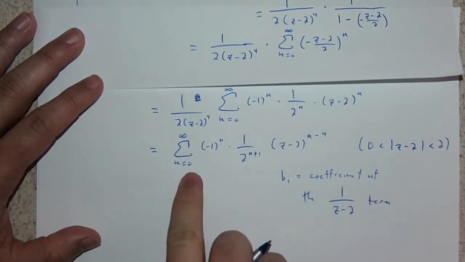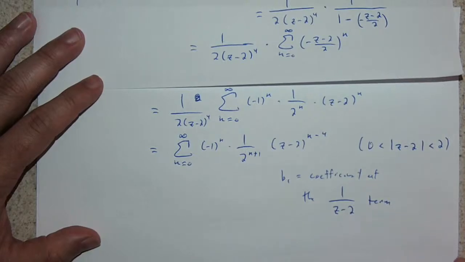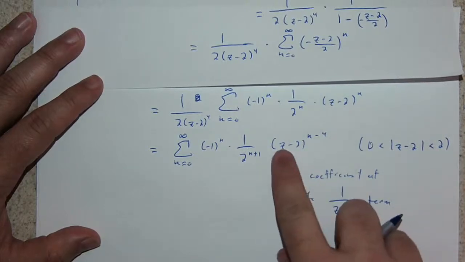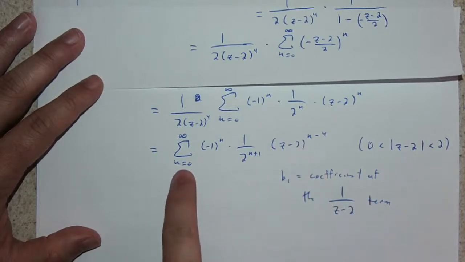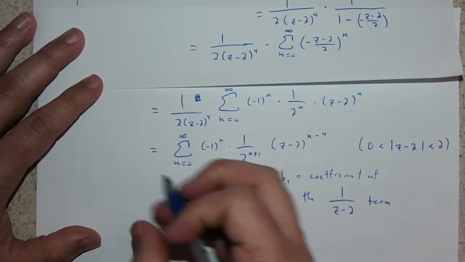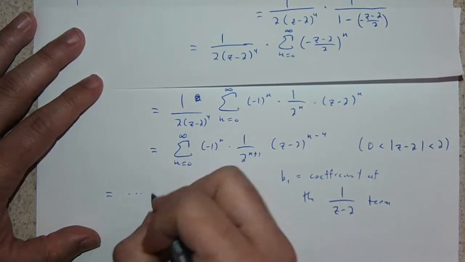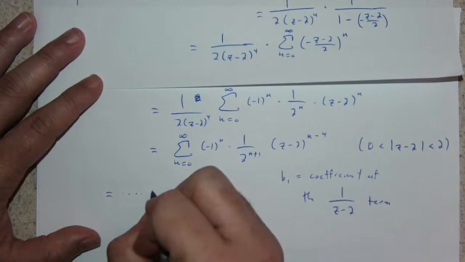So which term is that here? I want this to be to the minus first, so I'm picking out the n equals 3 term here. If I write out what this is, I don't care about what this is, but it's going to eventually get to the n equals 3 term.